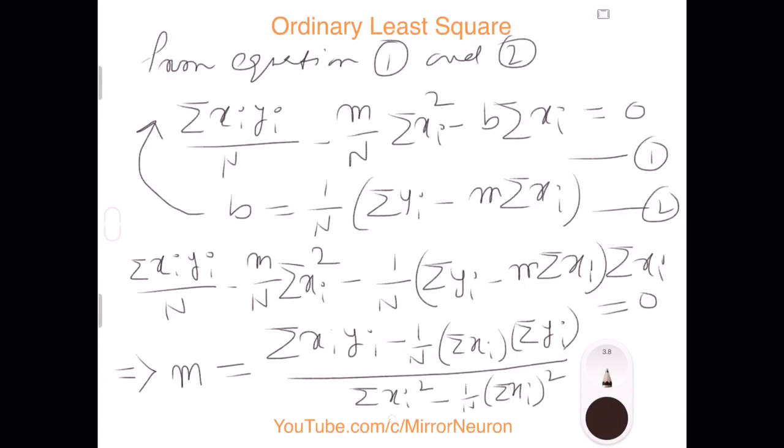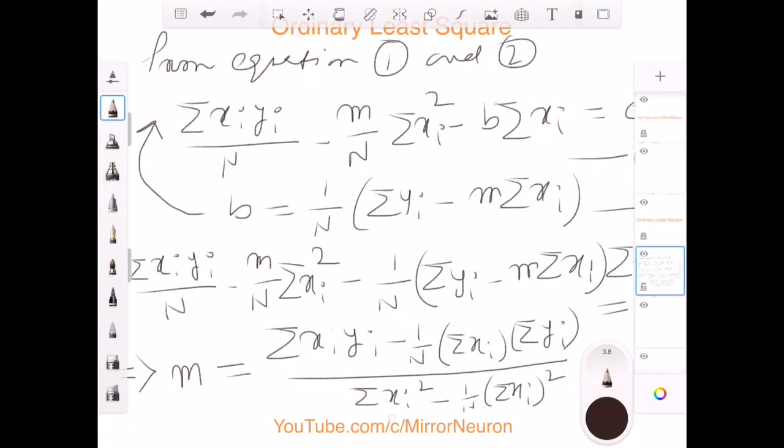So these are the two values we will get for m and b. So let's clearly write these two equations and see what they represent.